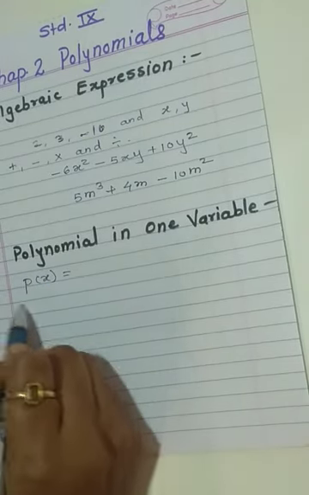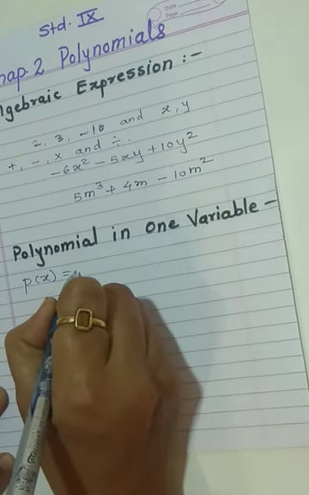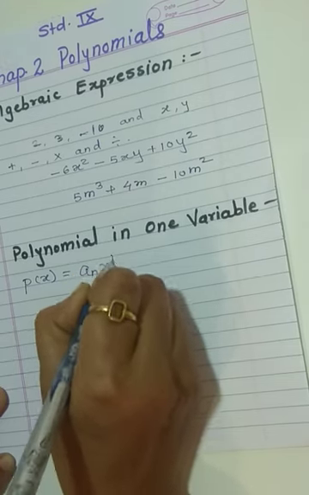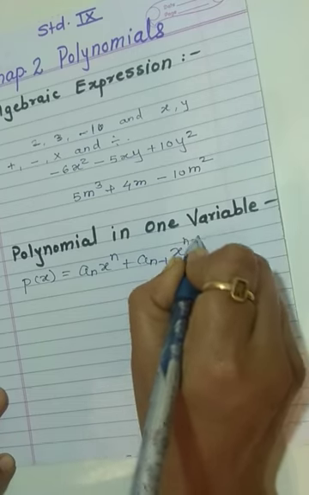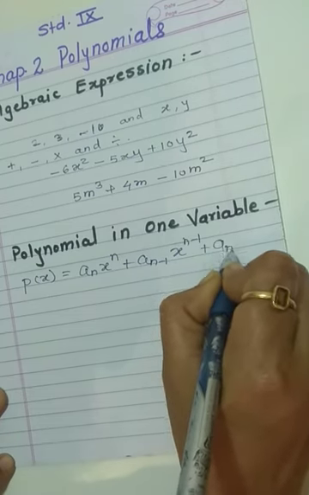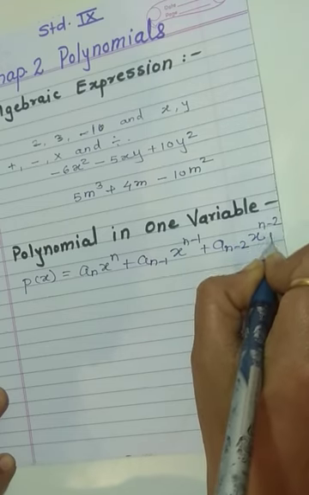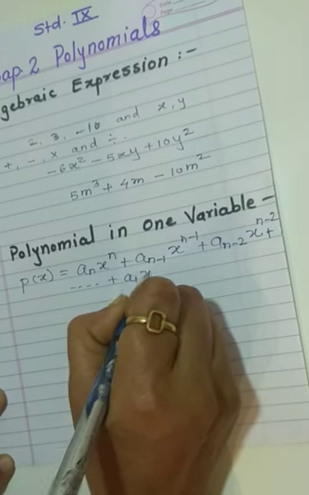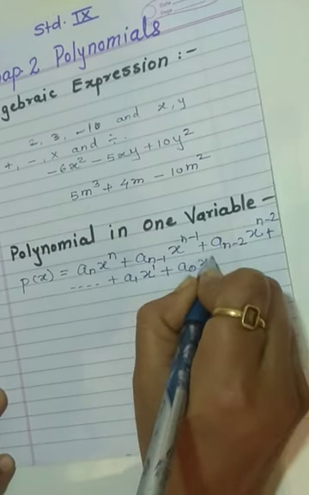That means the polynomial we are always going to denote by p of x. Then it is an algebraic expression in the form an x raised to n plus an minus 1 x raised to n minus 1 plus an minus 2 x raised to n minus 2 and so on up to a1 x raised to 1 plus a0 x raised to 0.